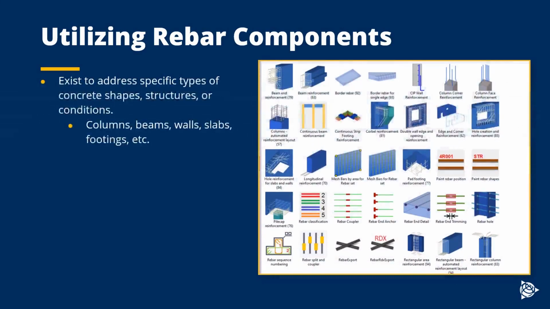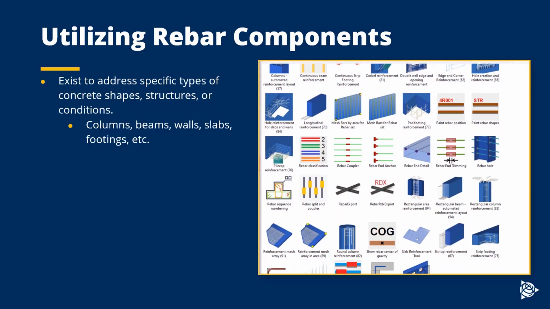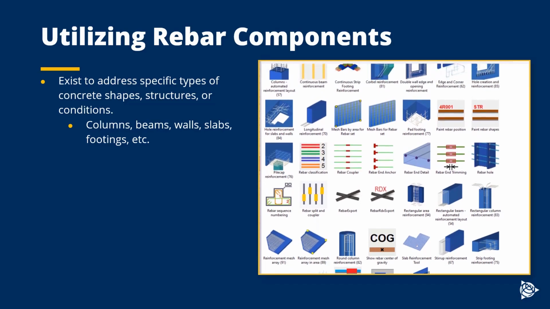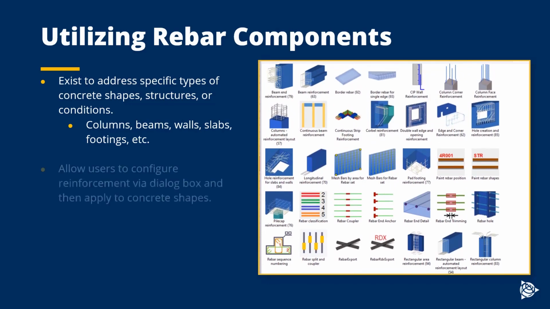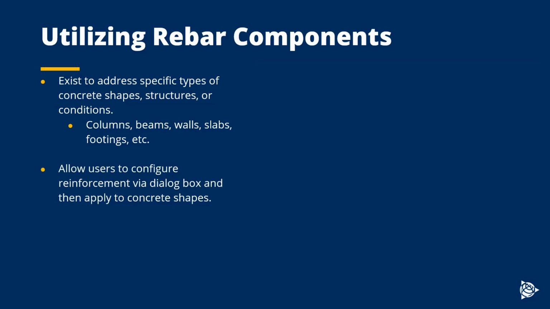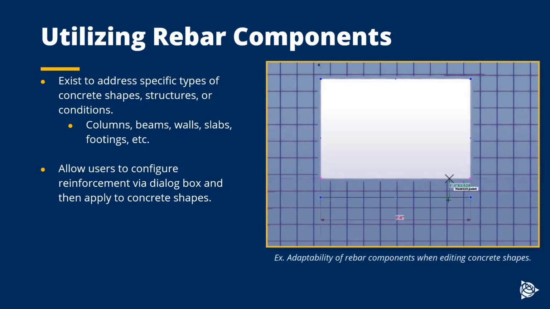Rebar components exist to address specific types of concrete shapes, structures, or conditions. Examples of this would be columns, beams, walls, slabs, footings, corner conditions, and so on. They allow users to configure the reinforcement via dialog boxes and then apply them directly to concrete shapes.